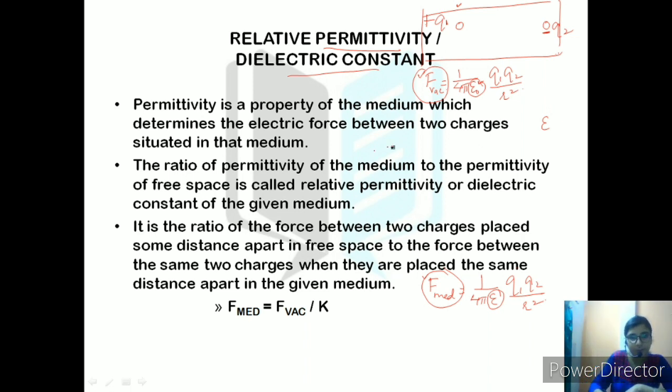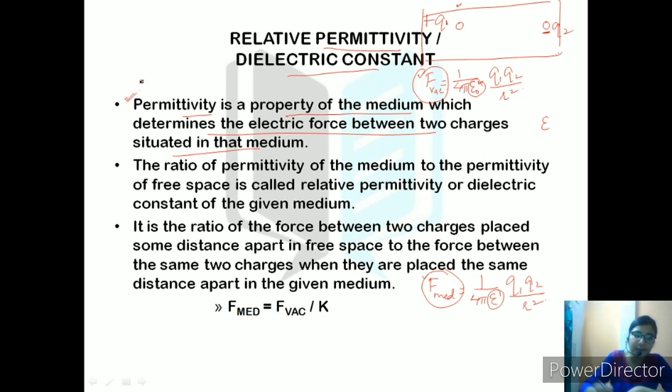So here comes the definition: permittivity is the property of the medium which determines the electric force between two charges situated in the medium. This is just the definition.